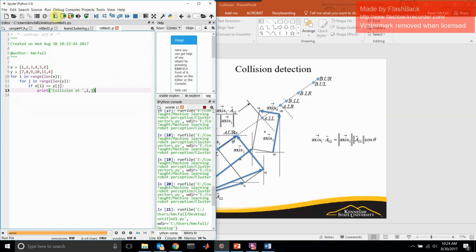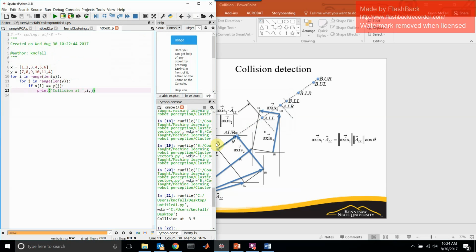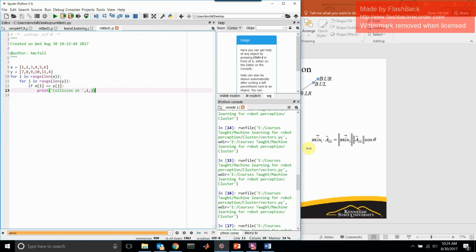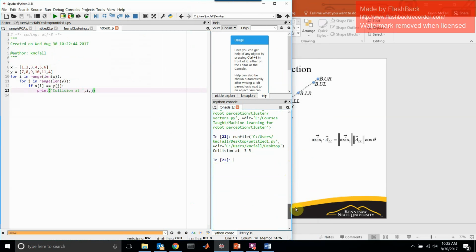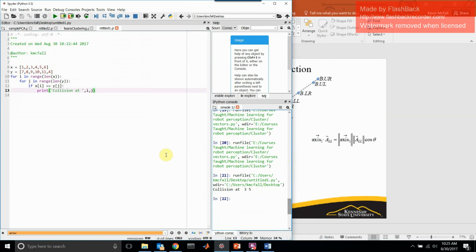Okay, run that. So let's see what we get. There's a collision at 0, 1, 2, 3, and 0, 1, 2, 3, 4, 5. I thought it was going to give me 2 collisions. I guess it doesn't.